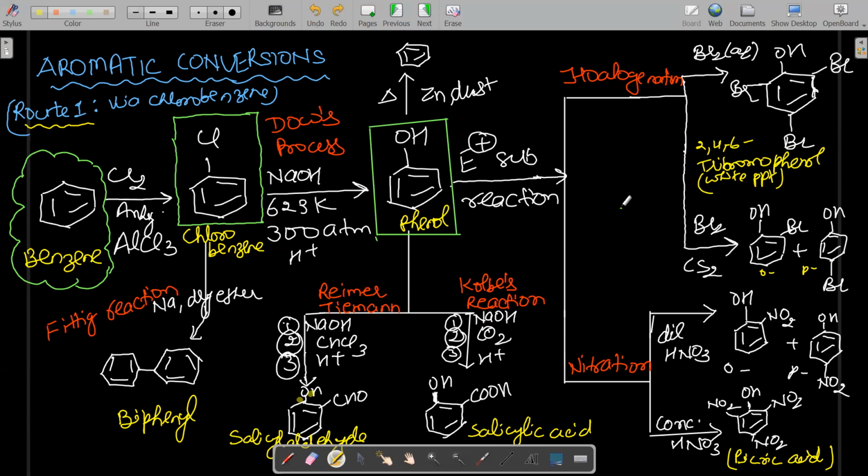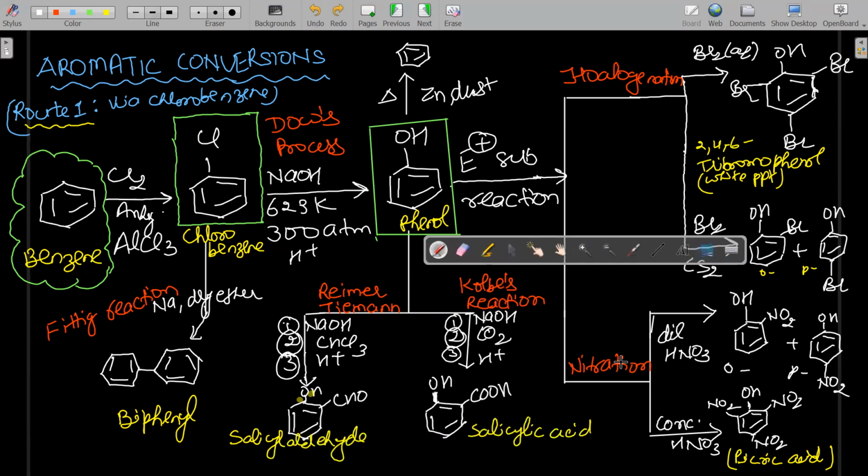Now, one more reaction you can see: this salicylic acid further reacts with acetic anhydride, I'm just writing over here because of lack of space, to form acetoxybenzoic acid, which is also called aspirin.